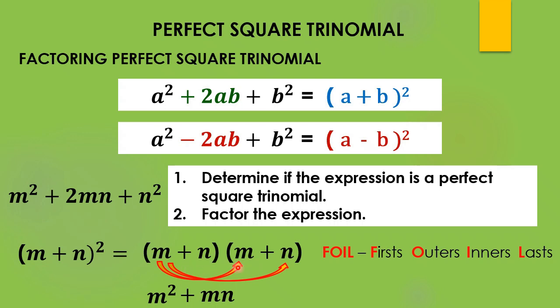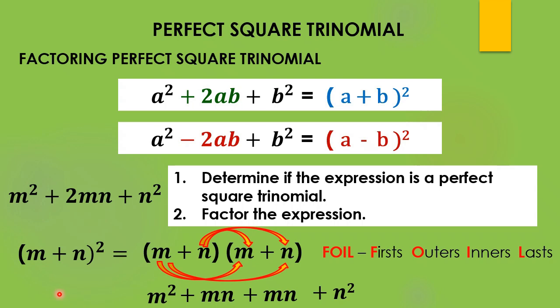So what are the terms between n and m? Multiply these two terms, the inners, and that will give us plus mn. And then we're going to multiply the lasts. What are the last terms? The two n's. Multiply the two n's, n times n, and that will give us n squared.